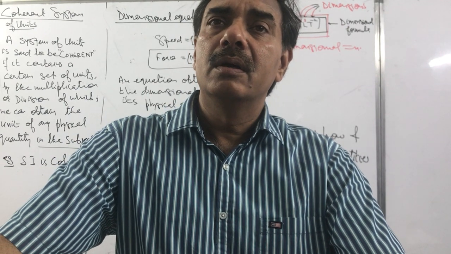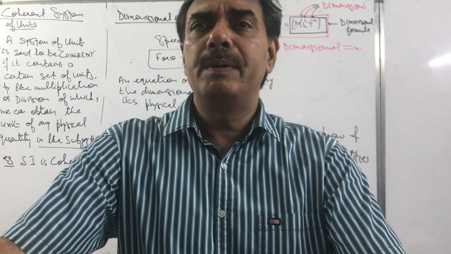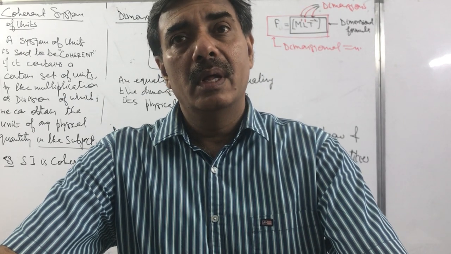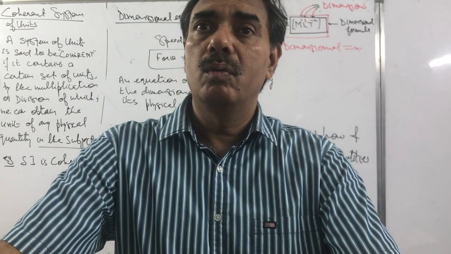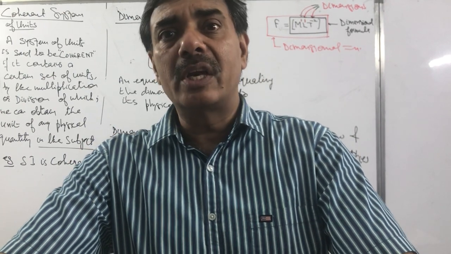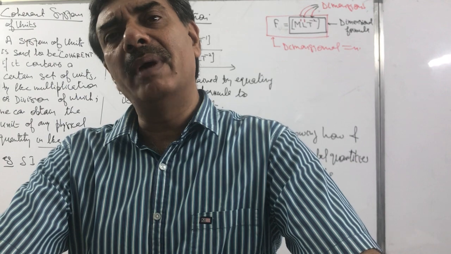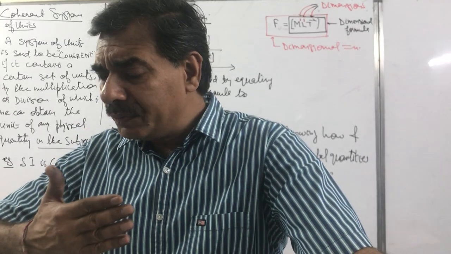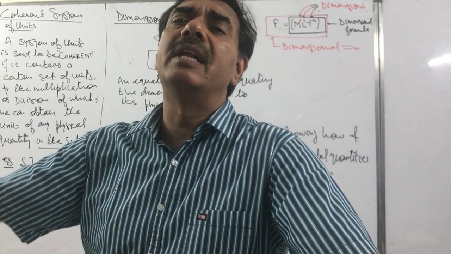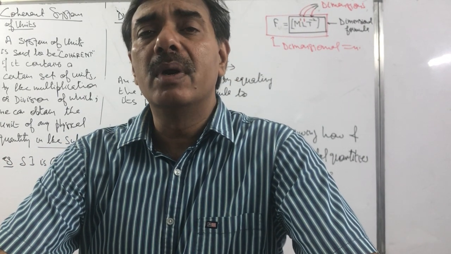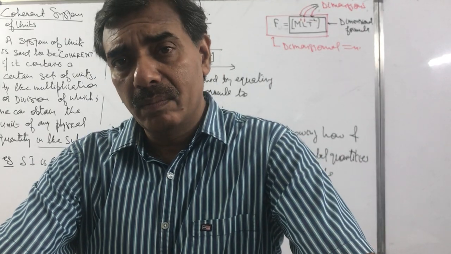Acceleration is speed upon time, LT minus 2. Force is mass into acceleration, so directly M LT minus 2. You can do it directly. There would be some quantities which we always will have to derive, but it would be convenient if we remember a few of them.